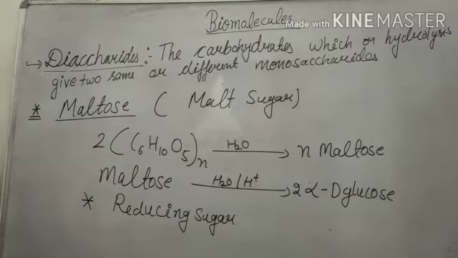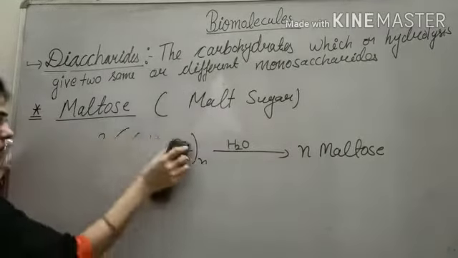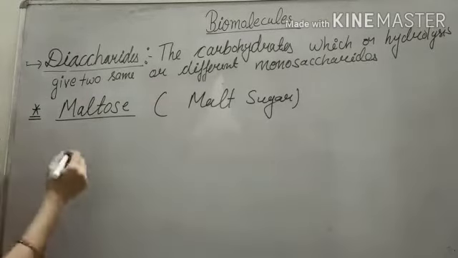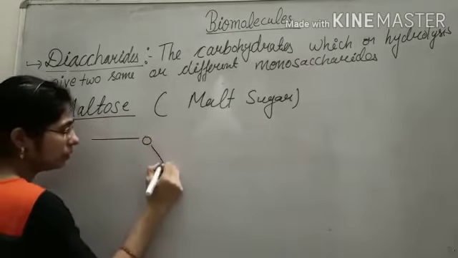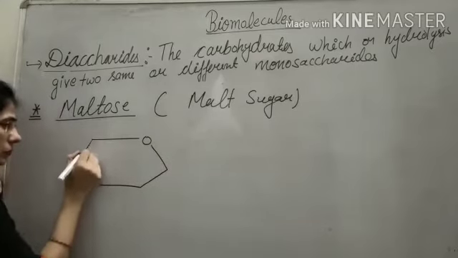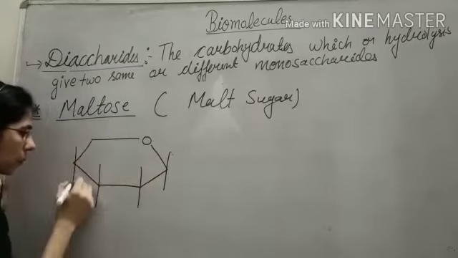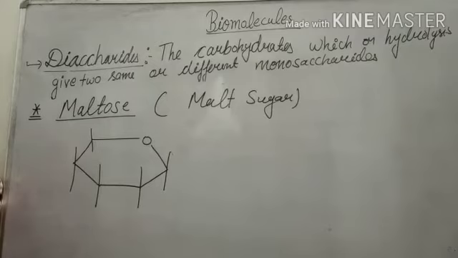And now I am going to discuss the structure of maltose. In case of maltose, 2 alpha D glucose units combine together to form maltose. Alpha D glucose: in case of alpha, the OH group is present on the right hand side at the anomeric carbon or C1 carbon.